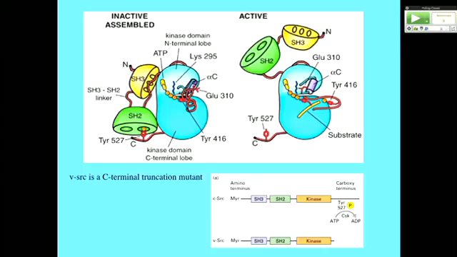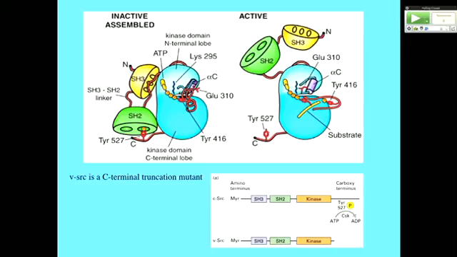Yeah. Sorry? Okay, excellent. So one possibility is dephosphorylation. So we'd like to know what is the mechanism by which this tyrosine is kept phosphorylated. It turns out there's another protein kinase called CSK, or C-terminal Src kinase, that constitutively phosphorylates this tyrosine in normal cells.